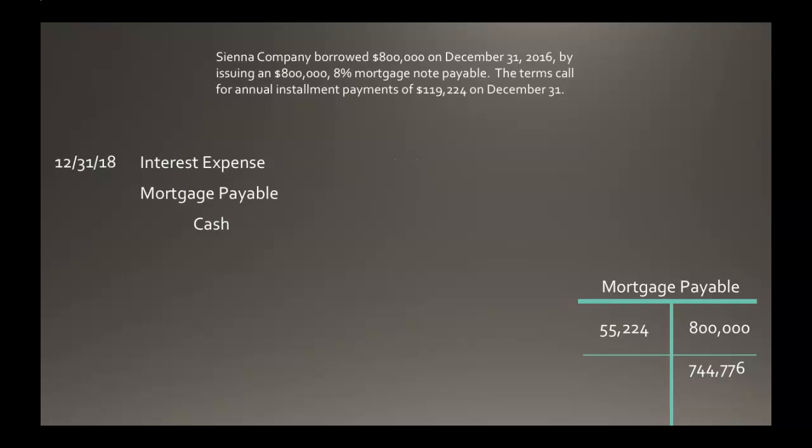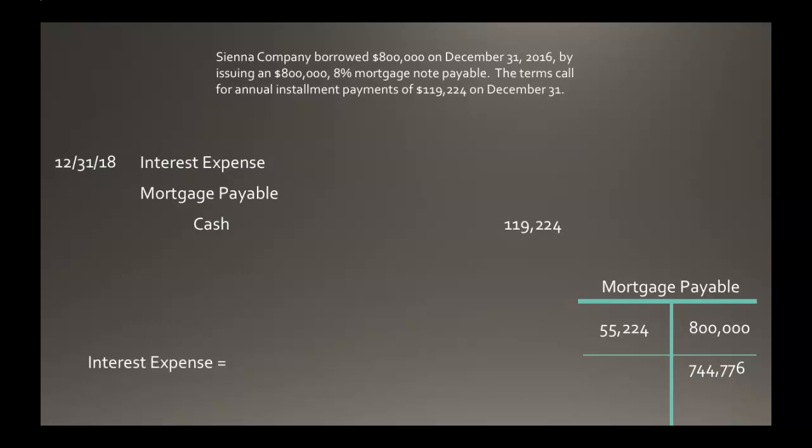Here in 2018, the framework of this entry looks the same. We debit interest expense, debit mortgage payable, and credit cash. A few of our numbers will end up being different. However, cash is exactly the same. It's the installment payment amount.